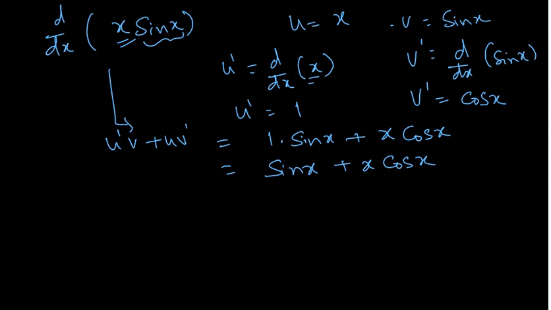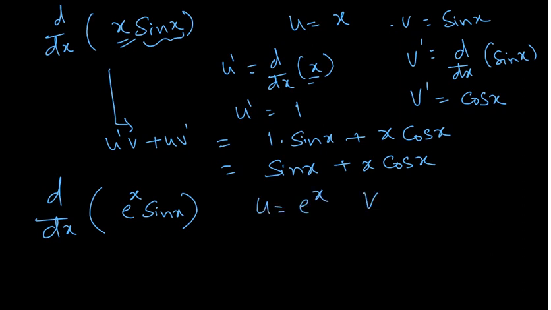Now another example: e power x sin x. So u is equal to e power x, v is equal to sin x, u dash is the same thing, e power x only, v dash equal to cos x.